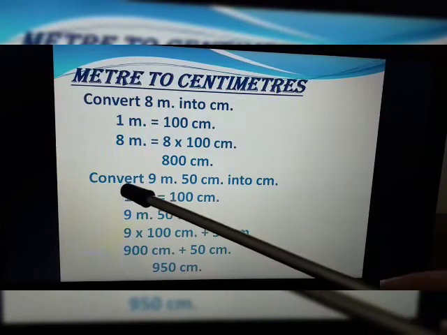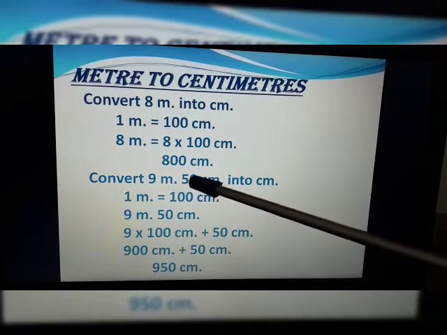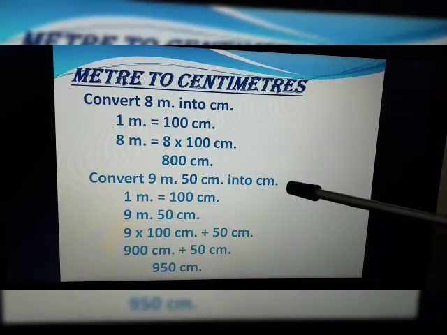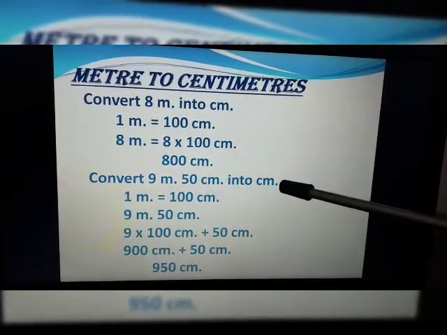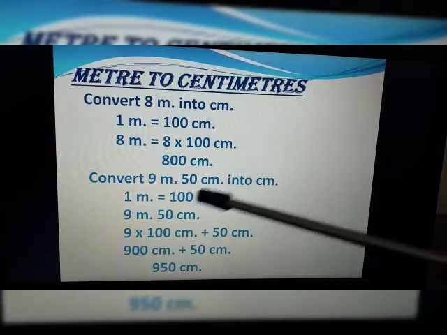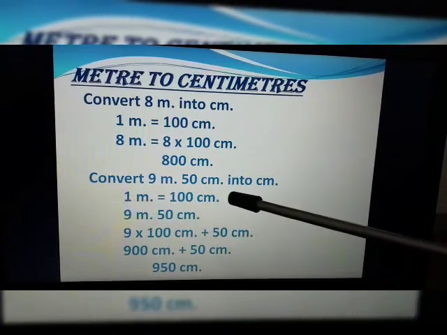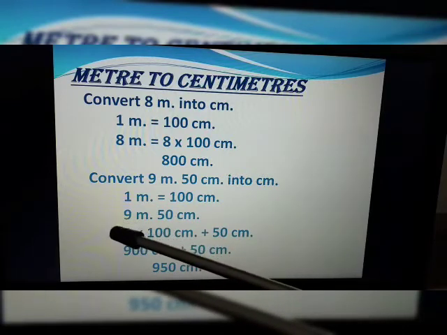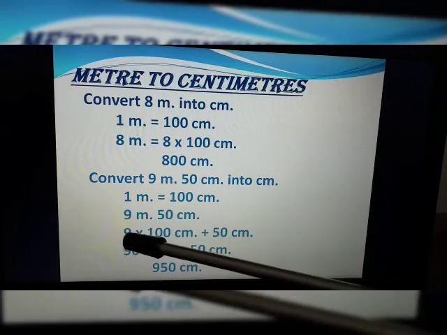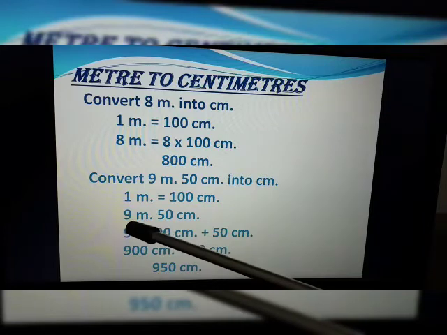Okay, now next example, convert 9 meter 50 centimeter into centimeter. Now we have to convert 9 meter 50 centimeter into centimeter. Now we already know 1 meter is equal to 100 centimeter, and in the question the number given is 9 meter and 50 centimeter. Now we have to convert into centimeter.